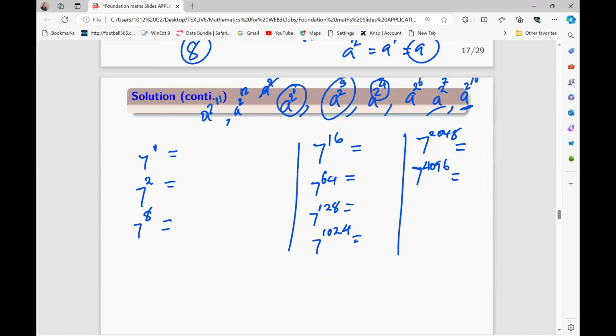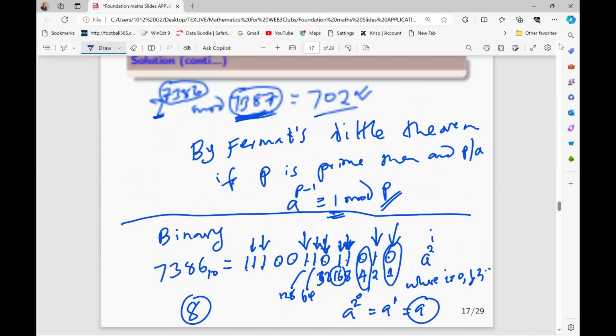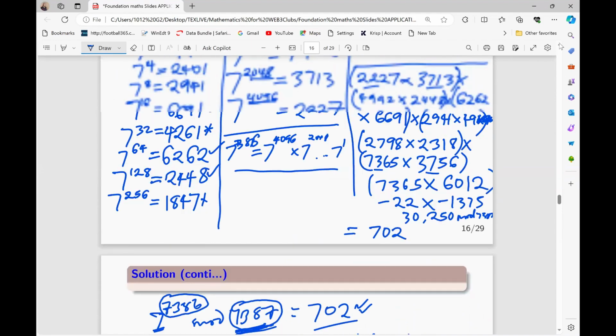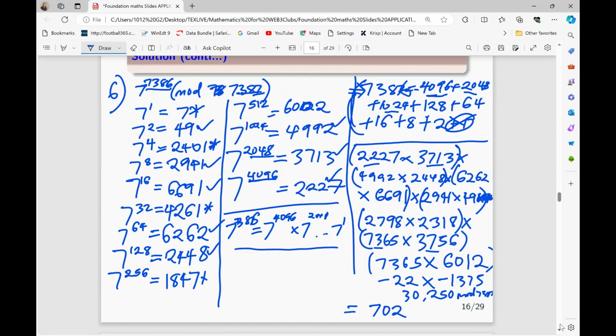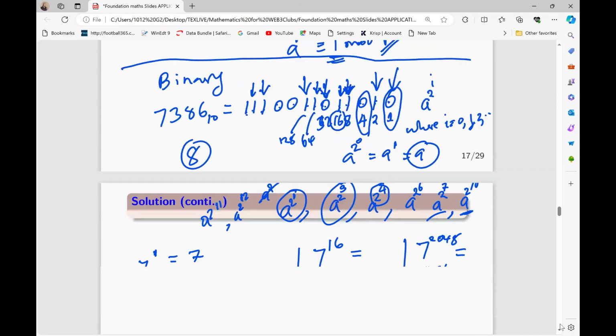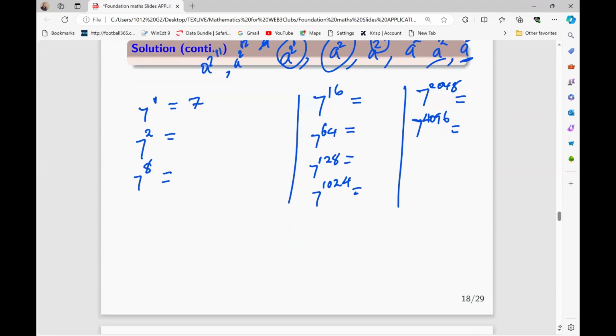So this one, you need 7. What about this one? It is 49.